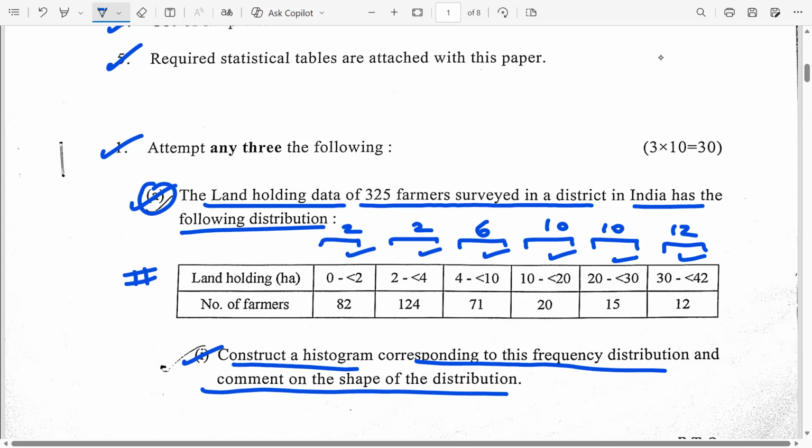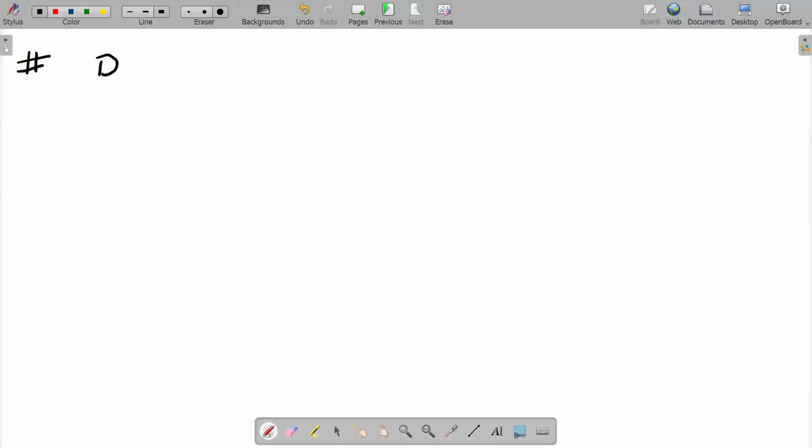To make a histogram with unequal class intervals, I need to calculate the relative frequencies and the densities. Let me quickly come to the whiteboard to solve this. I am writing the main heading for clarity. This is Delhi University, BBE Honors, Bachelor's in Business Economics, exam 2025.